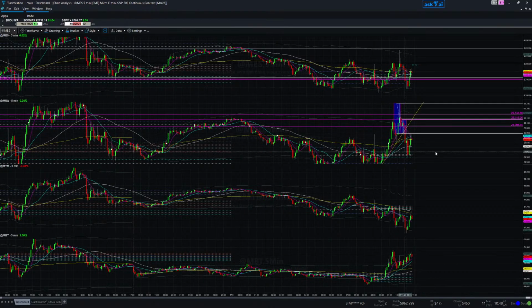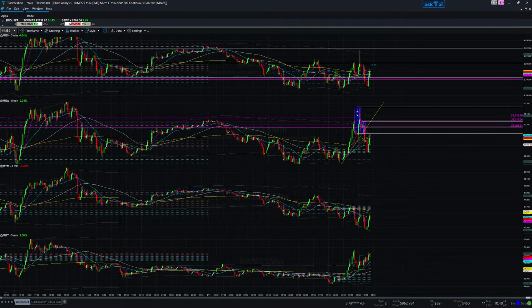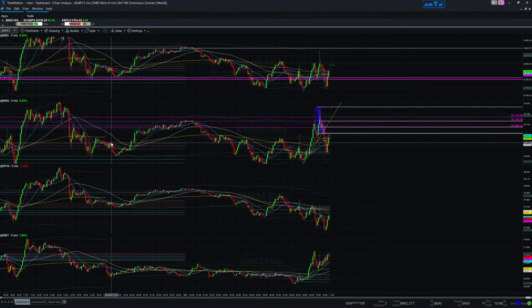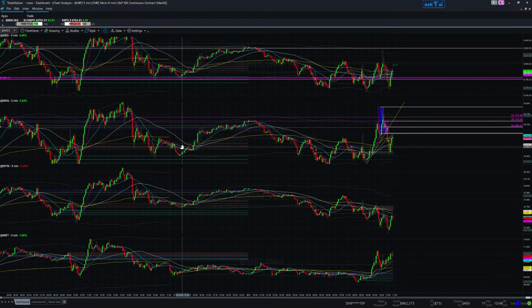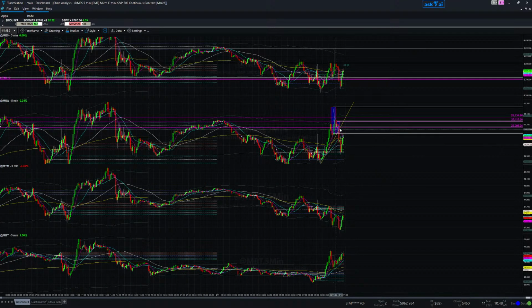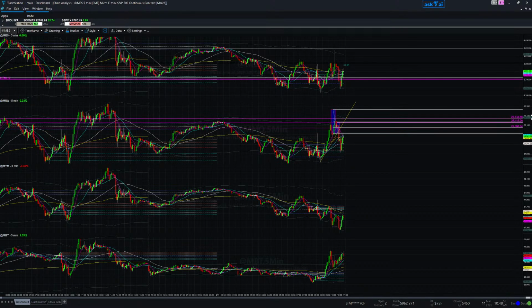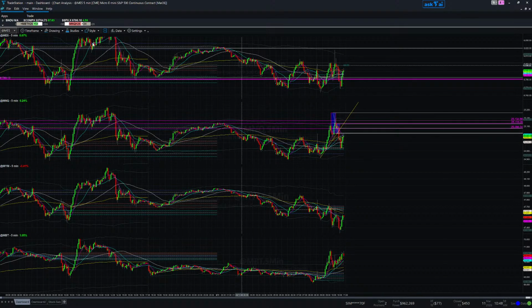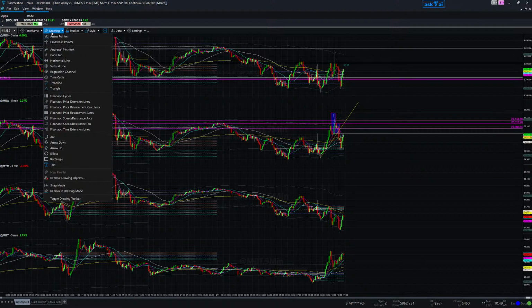It sold off and it broke a structure. So now we're looking at this pullback and we're saying to ourselves, okay, what do we got here? And if you really want to get specific about this, the Bollinger Band entry could have been your first entry, right?